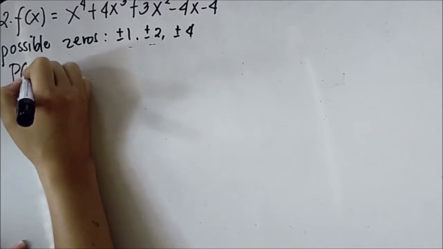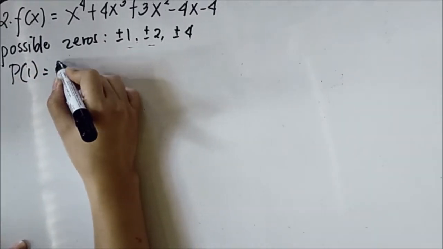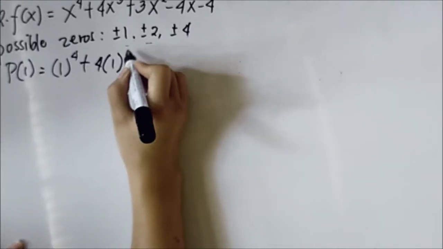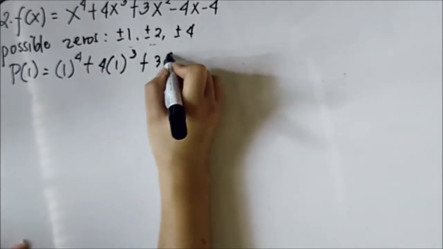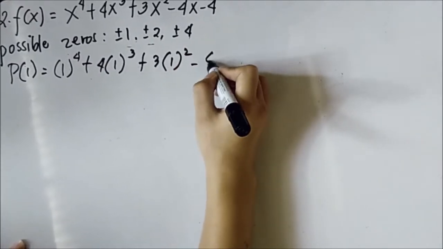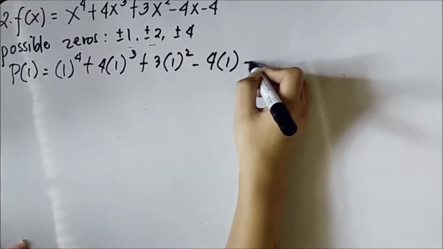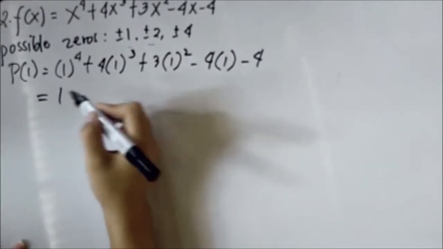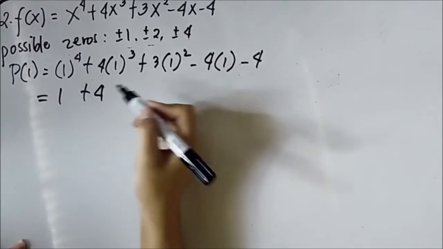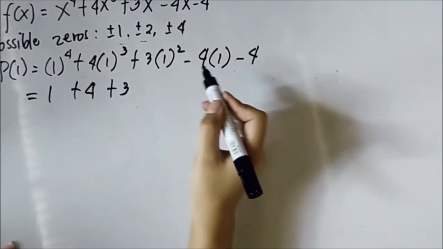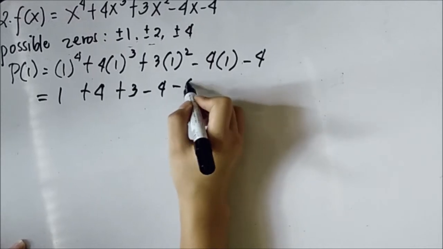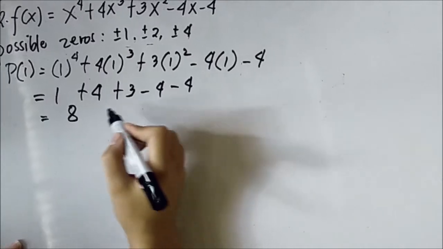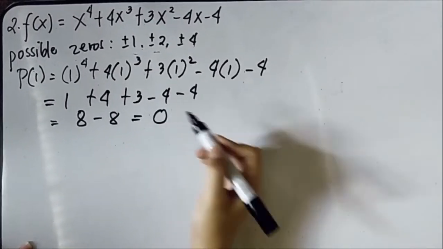So P of positive 1 is equal to 1 to the 4th power plus 4 times 1 cubed plus 3 times 1 squared minus 4 times 1 minus 4. Okay? Then 1 to the 4th is 1 plus 4 plus 3 minus 4 and minus 4. Okay? So 8 minus 8 is equal to 0.